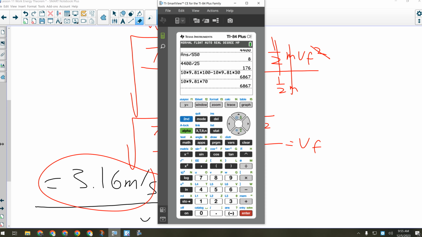If I punch that into my calculator, this is how I would do it: 7,500 plus, and then 0.5 times 2,500 times 2 squared. Hit enter, and then divide that by 0.5 times 2,500. Then I would square root. It's because you subtracted. Oh, I subtracted instead of added.